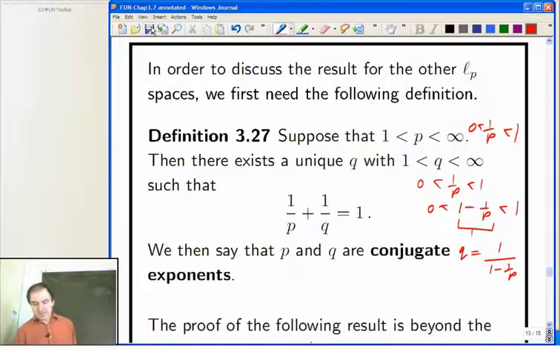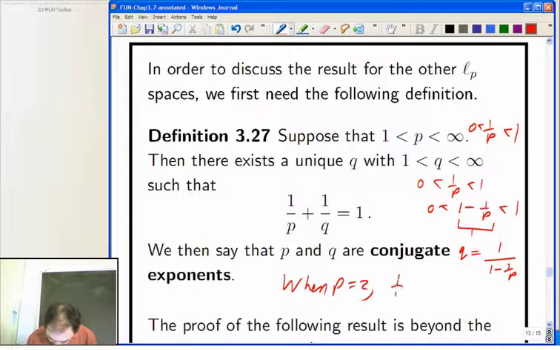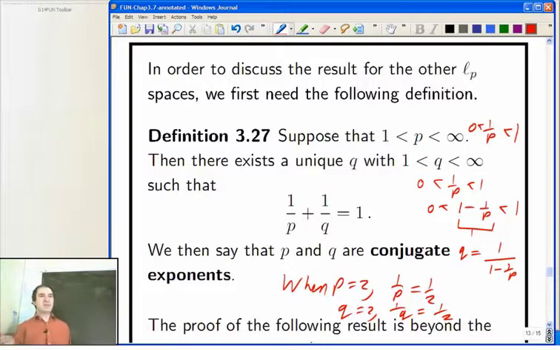Now, a special case of interest is when p equals 2. 1 over p is a half, and you get q equals 2, 1 over q is a half. And again, 1 over p plus 1 over q equals 1. The conjugate index is going to tell you which space is going to be the dual of your space. Now, you could almost think of the 1 and infinity as being special cases of these, just about.